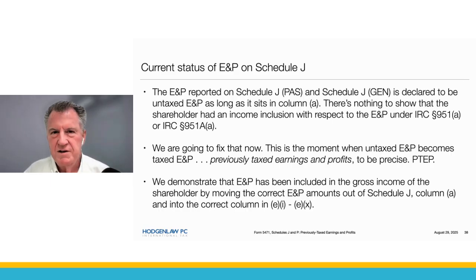So this is specifically how a number gets allocated out of a PTEP account in column A into a PTEP group, which is E1 through 10. And once the number shows up in column E1 through 10, now you know that earnings and profits amount is previously taxed earnings and profits.